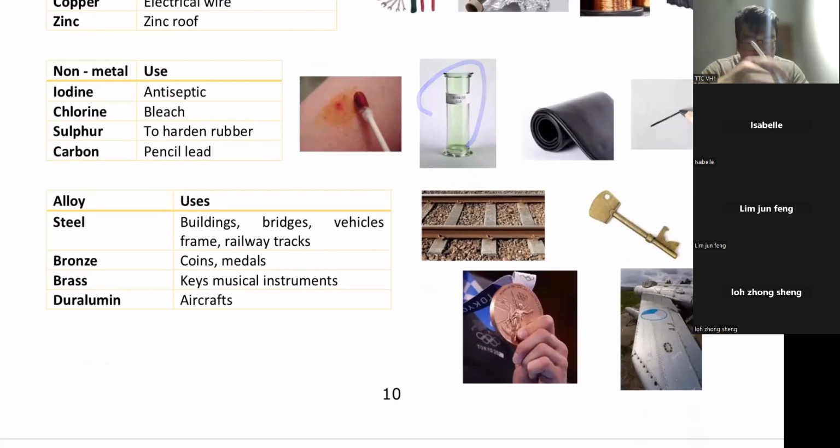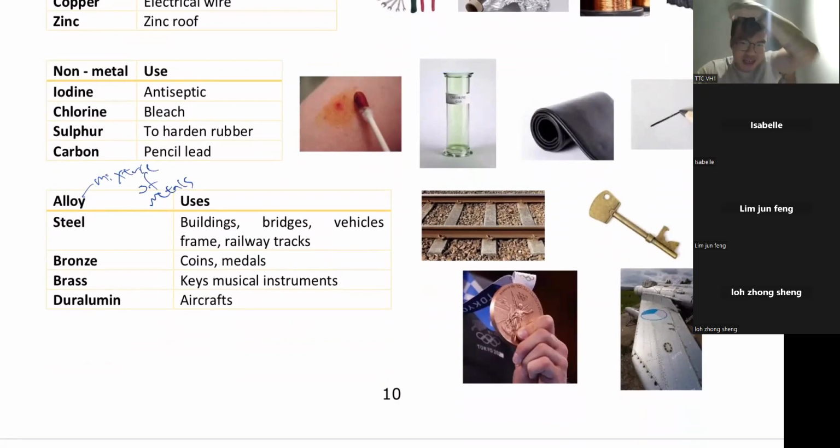Right, so next, you know what is alloy? Guys, you remember what is alloy? Alloy is a mixture of metals. You put a few metals together, you make them stronger. Wow, Yufeng, you learned this before? Or you just learn it in school? Oh, no wonder. So it's a mixture of metals, like steel.